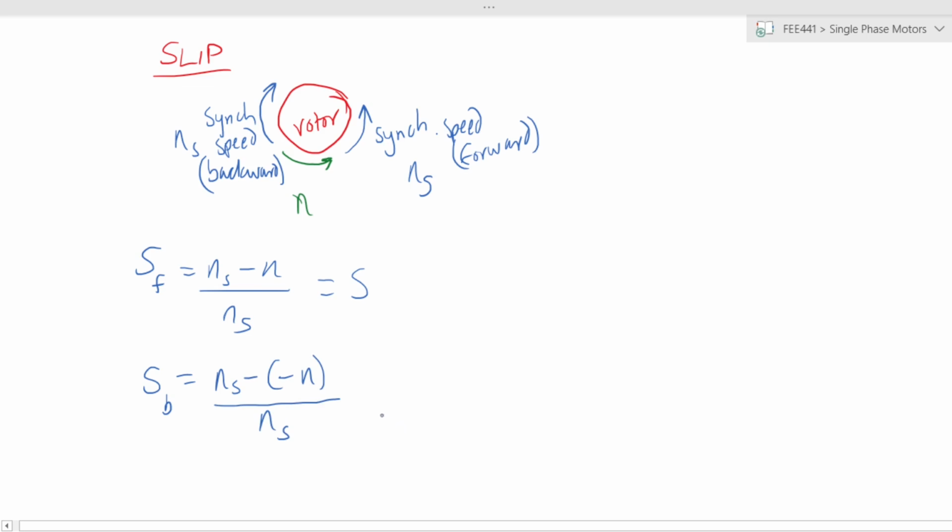Now let's rearrange this and put it in a different way. ns can be represented as 2ns minus ns, and then we have plus n, all over ns. Negative negative gives us positive, and we are introducing 2ns minus ns to take the place of this ns.